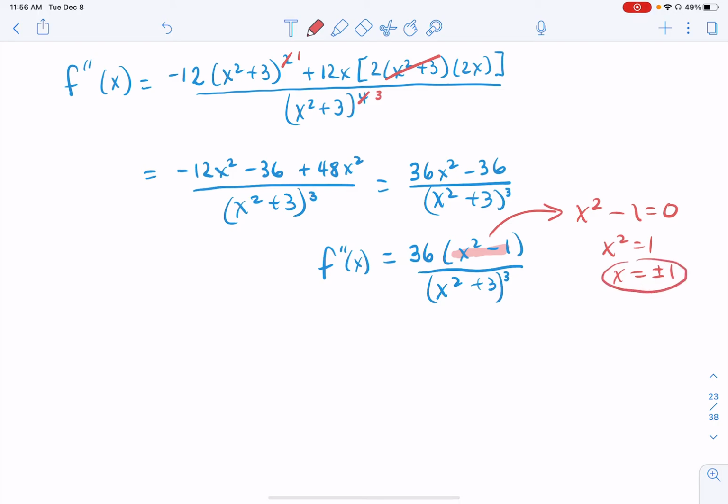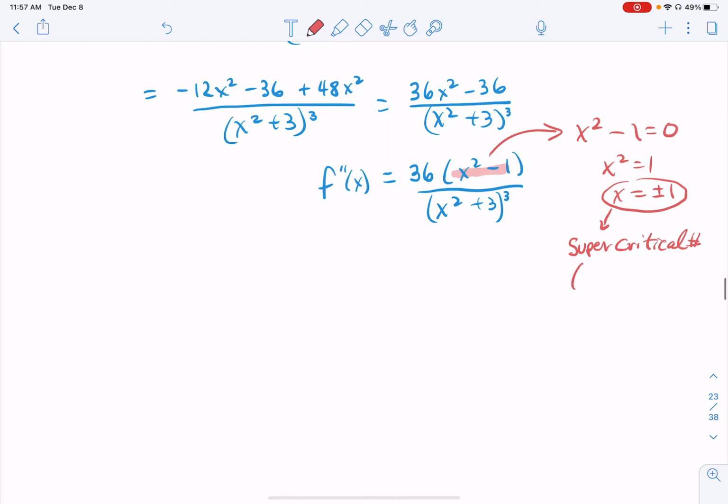So these are what we are informally calling our supercritical numbers, supercrits. And what could possibly happen at these particular points? These are possible points of inflection. It's where the concavity of our graph could possibly change.